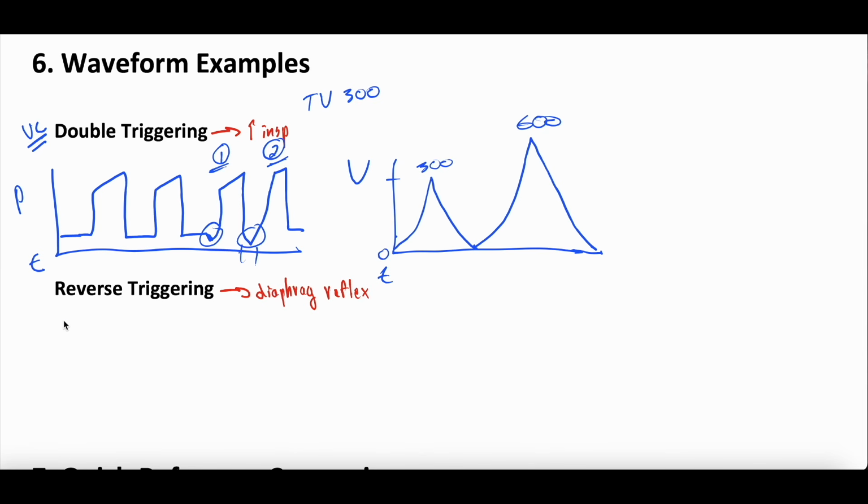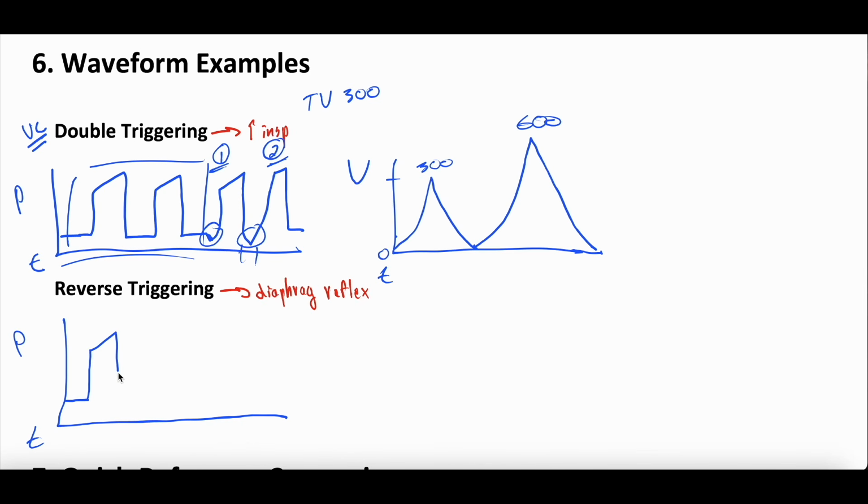Reverse triggering, on the other hand, if we draw out the scalars, this will be pressure versus time. We know what normal looks like already. This is what normal looks like. You'll see this, right? You won't see a downward deflection. The ventilator will just give a passive breath.